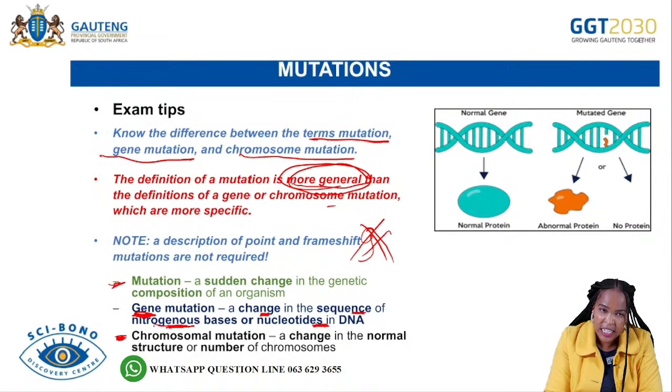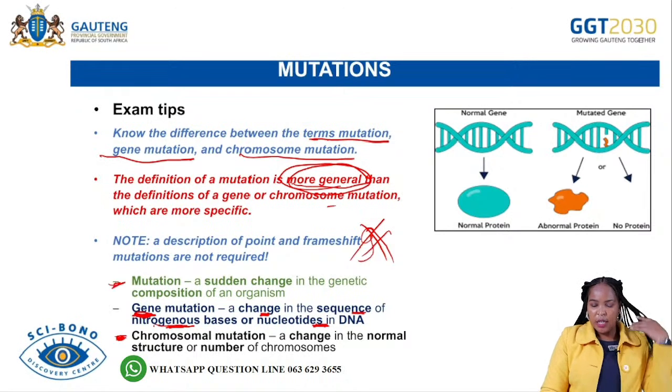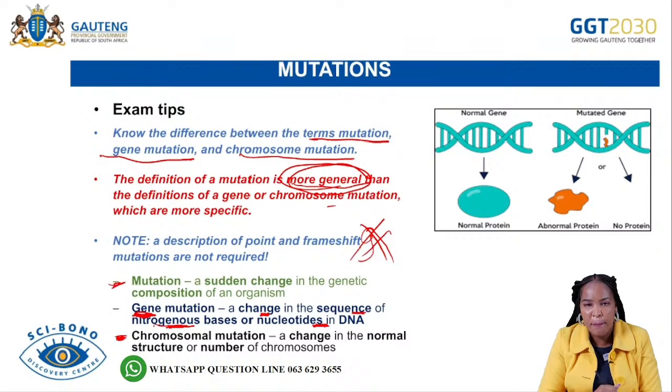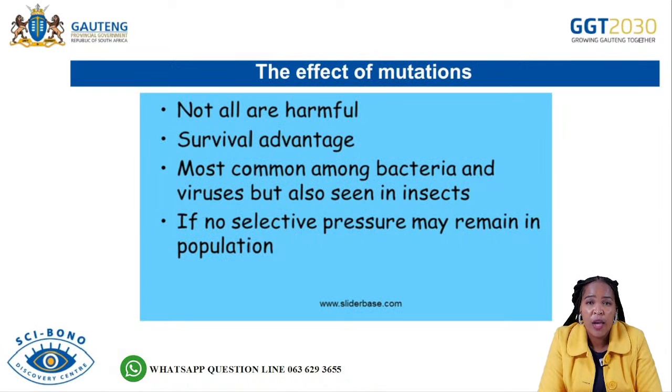Then you have your gene mutation, which is a change in the sequence of the nitrogenous bases or the nucleotides of DNA. Then you will have your chromosomal mutation, which speaks to the change in the normal structure or the number of chromosomes. When we look at the examples, you're going to see exactly which one is which. You'll be able to identify them, and thereof, you'll be able to define them.